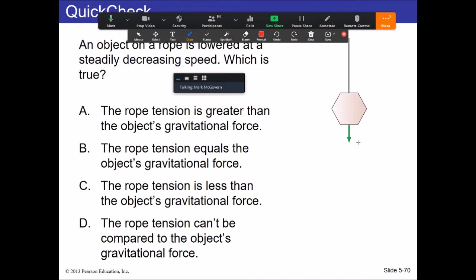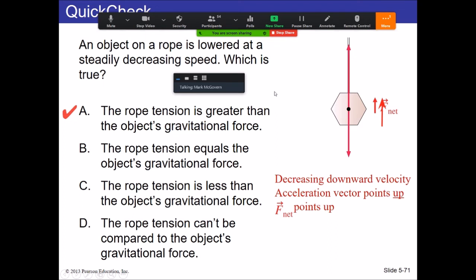That's what we learned about vectors before. Velocity is down, acceleration therefore is up. If acceleration is up, net force is up. That means tension must be stronger than gravity, which is A.